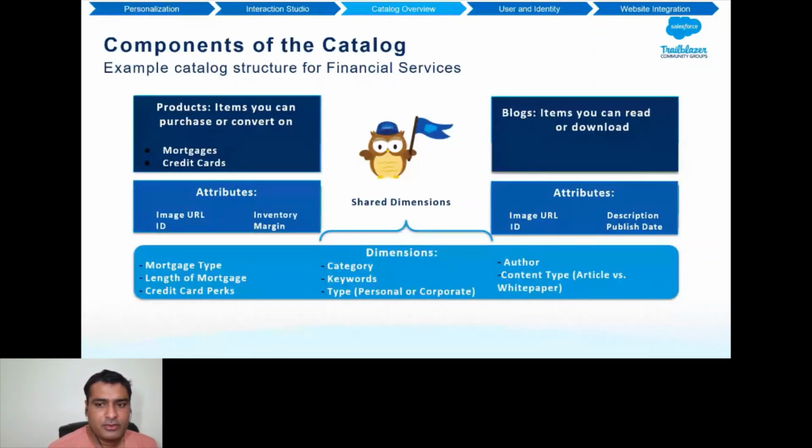One other thing which you should take care of while designing your catalog is to comply with the catalog design principles. There are 4 principles, which are pretty simple, but we need to take care of them when we start building a catalog, however small our first use case or first step in Interaction Studio is.